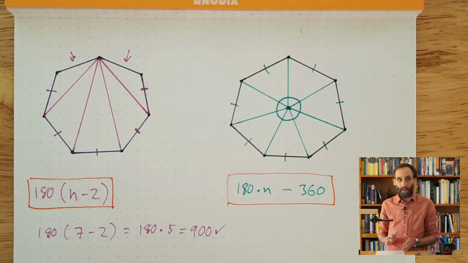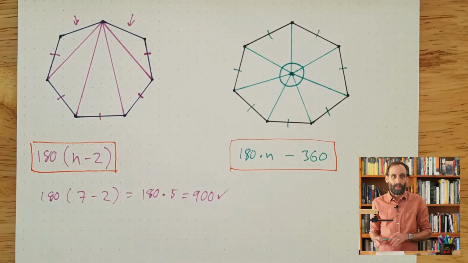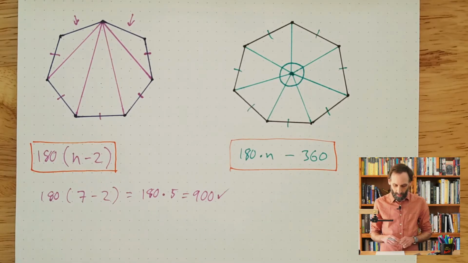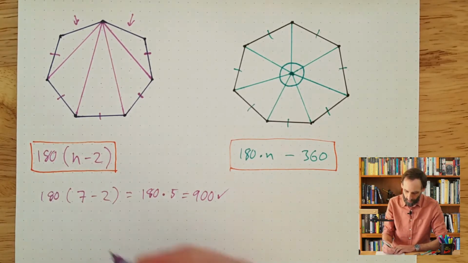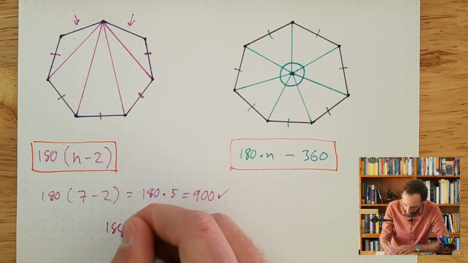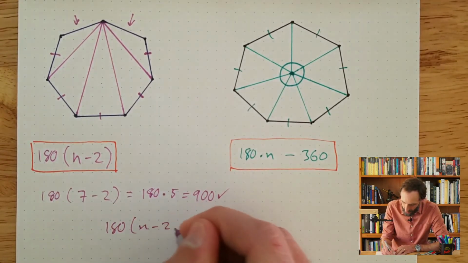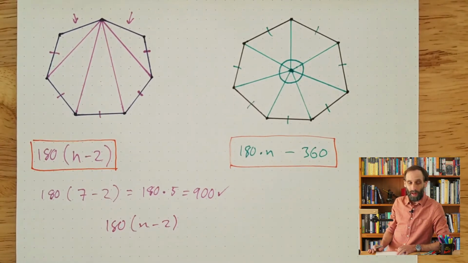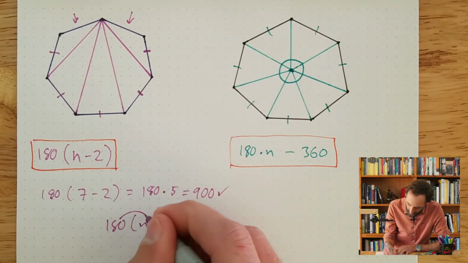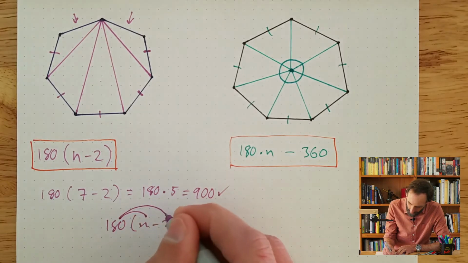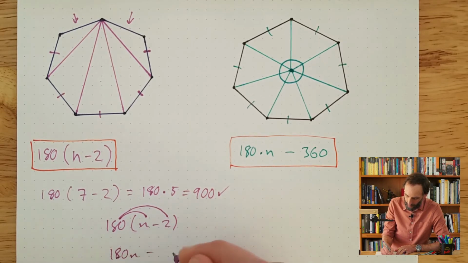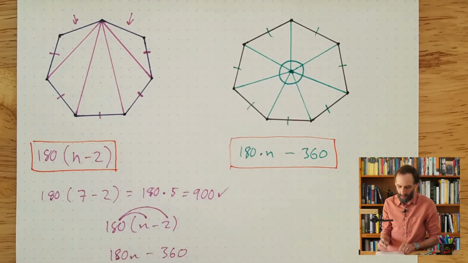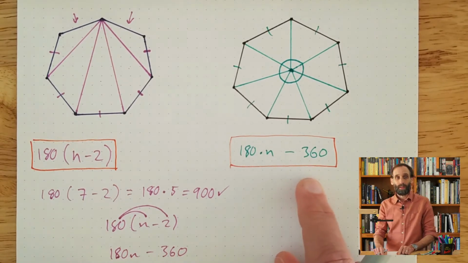But if you remember your algebra, you might realize that, wait a second, these 2 formulas are actually the same formula. Because what happens if I take this formula here, 180 times n minus 2, and I apply the distributive property? I distribute the 180 times the n and the 180 times the -2. Well, then I'm going to get 180n minus 360 degrees, which is this formula right here.